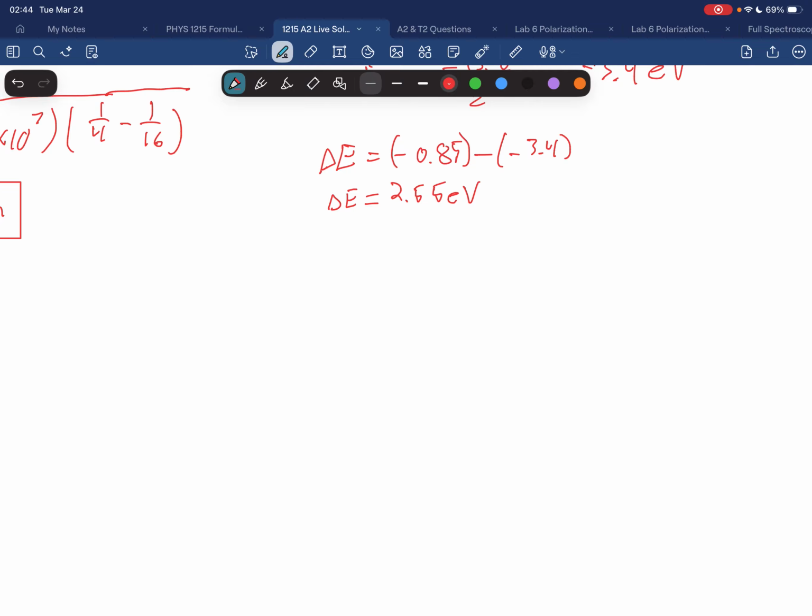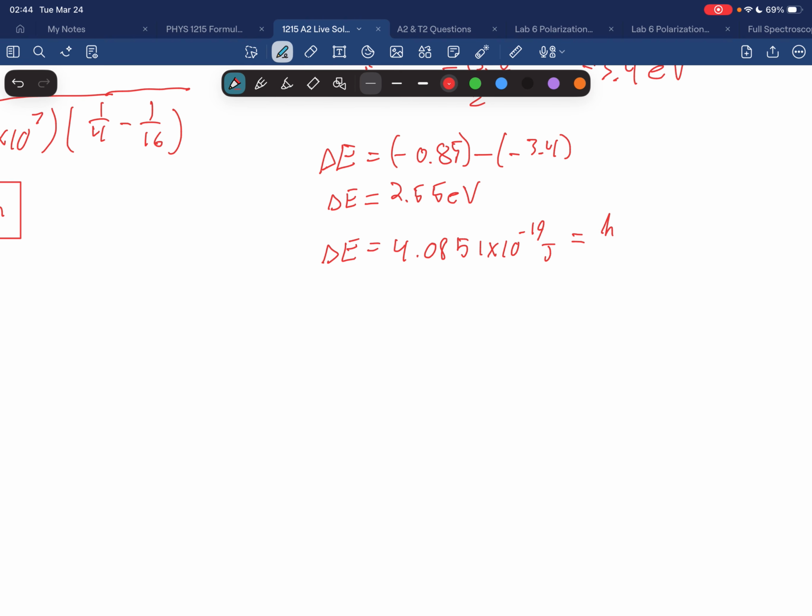Moving on from here, I'm going to convert that to joules. So that's going to give me 4.0851 times 10 to the negative 19 joules.